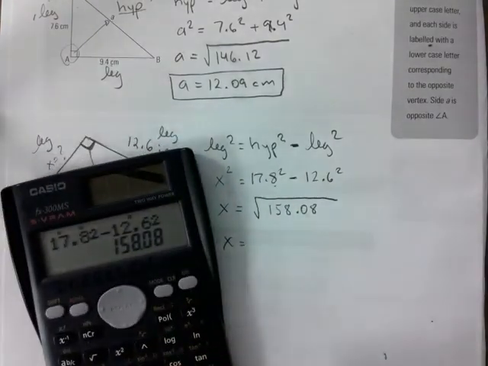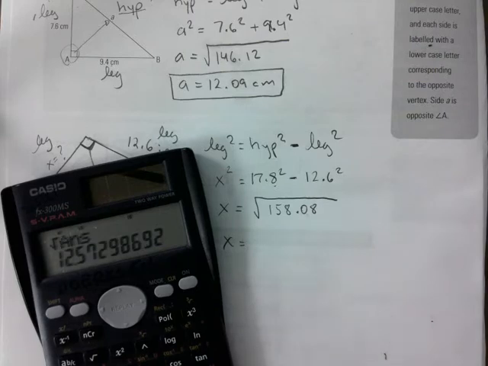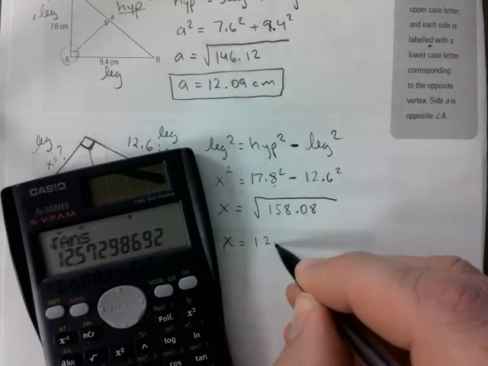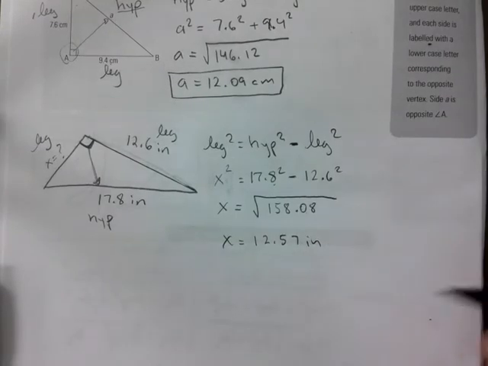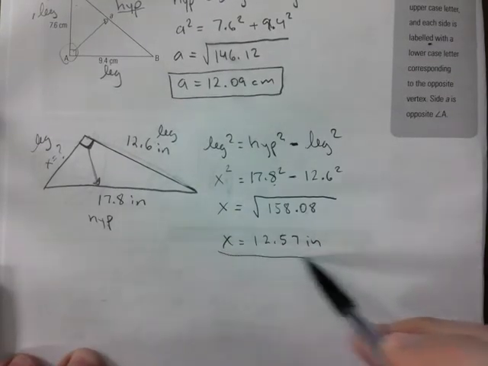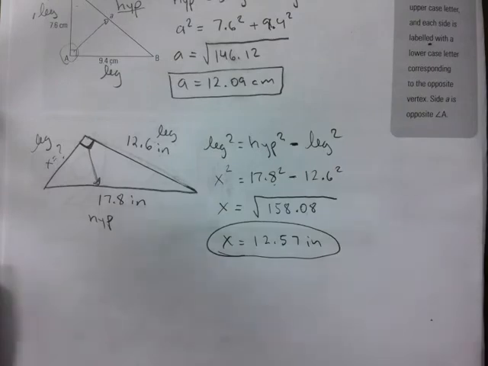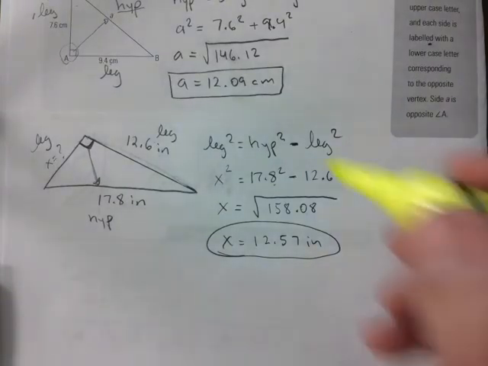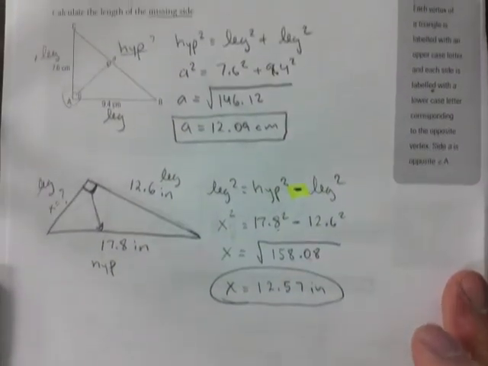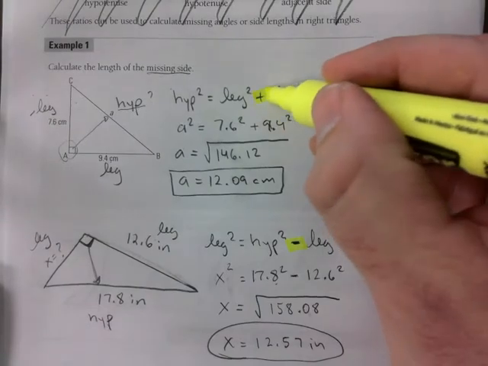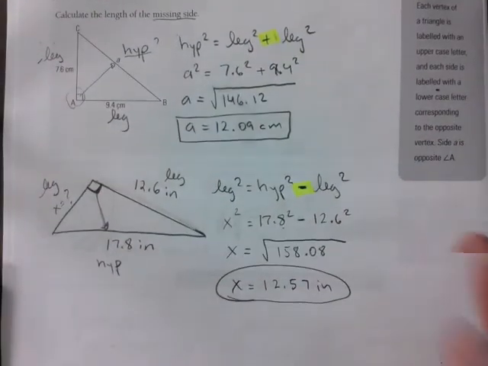And so I will go square root of that answer, 12.57 inches. It's shorter than the hypotenuse, so I'm good to go. Right? I will highlight the minus, right, because that's the biggest difference there. And maybe highlight the plus on the previous example, right?